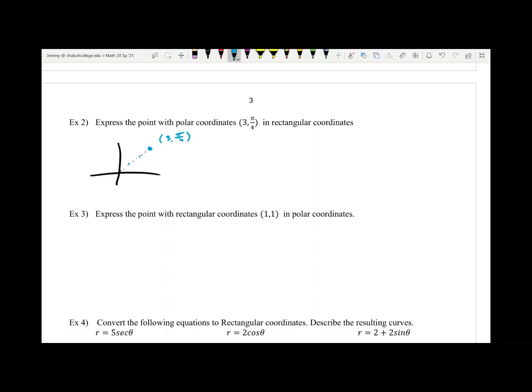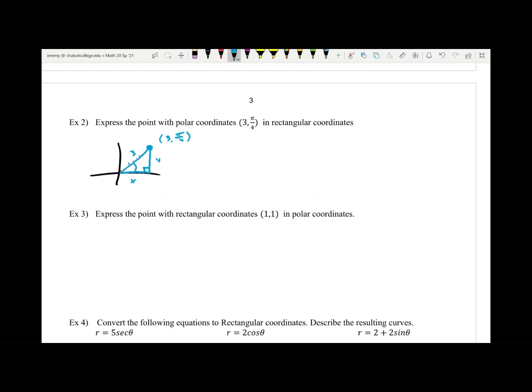So the way that I like to deal with these problems is I just think of it as a right triangle. I just draw in, okay, here's my right triangle. And I just think, all right, well, the radius is 3, this angle is pi over 4, so I want to solve for my x and my y there.